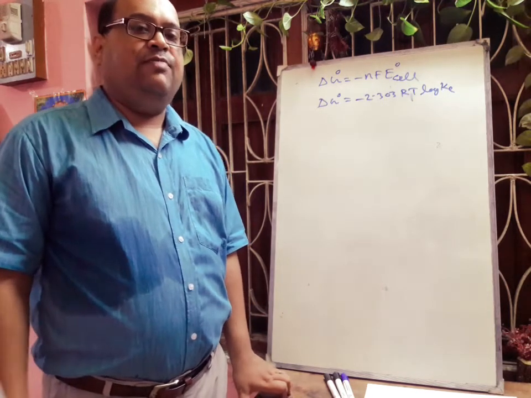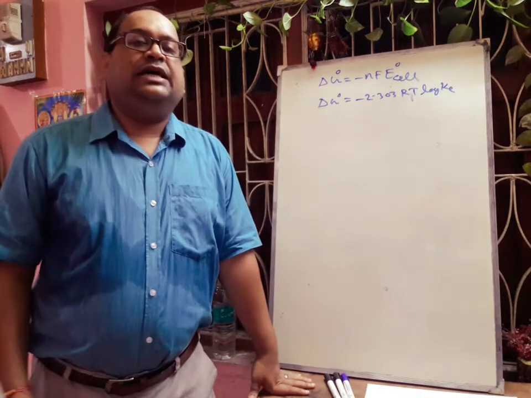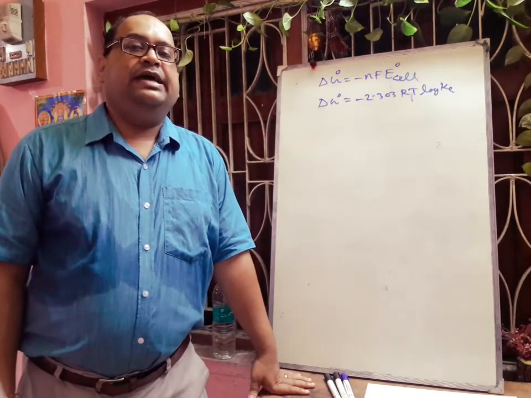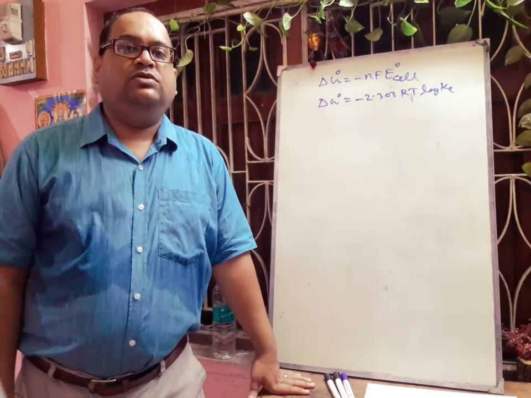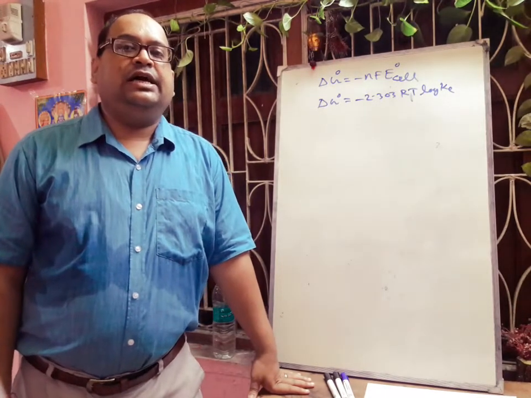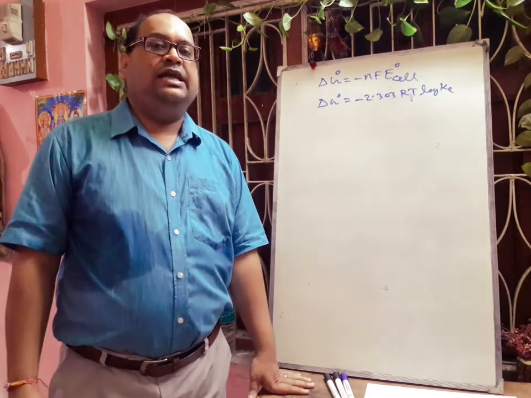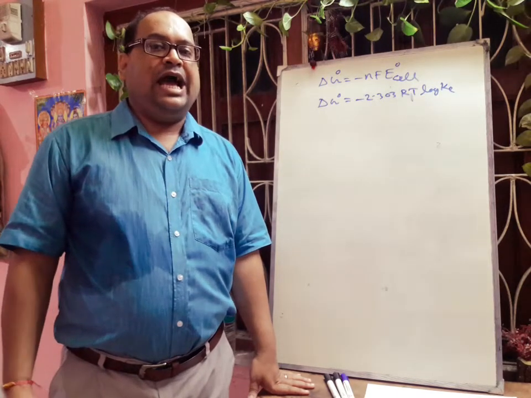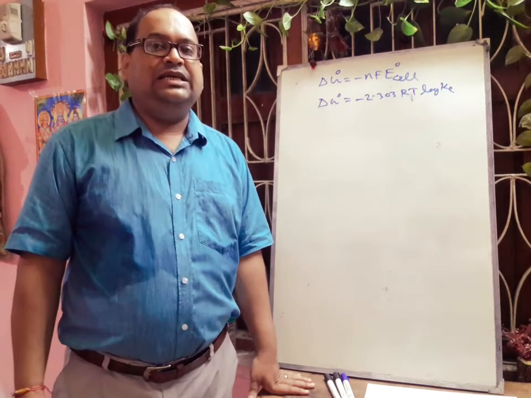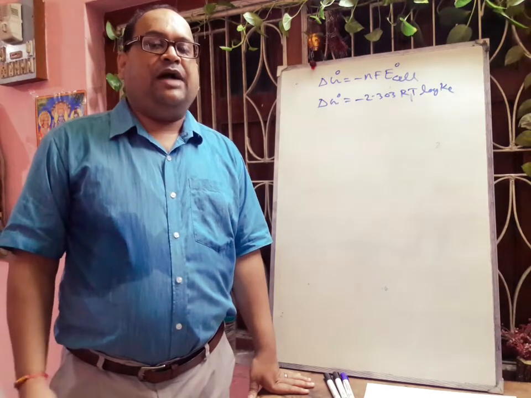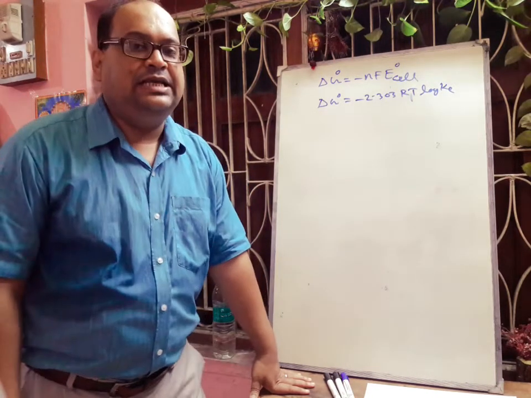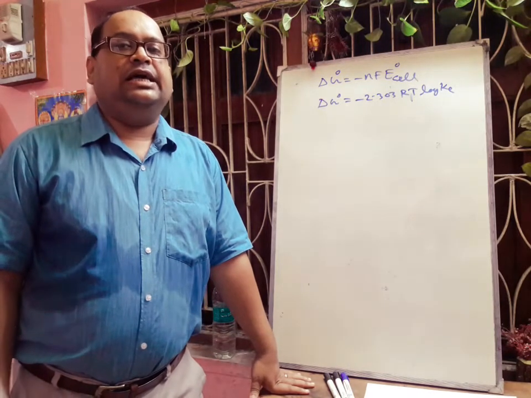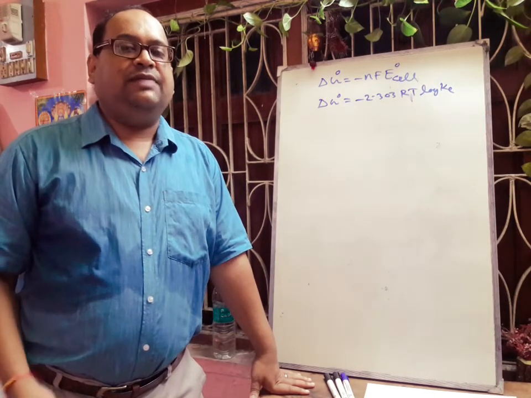Next, another important application is the measurement of pH of a solution. The pH of a given solution can be found by using the given solution as one of the electrolytes in a galvanic cell. If the given solution is an aqueous acid, then the acid is used as a part of the hydrogen electrode, and the half cell is then combined with a standard electrode of known potential, and the EMF of the cell is determined.